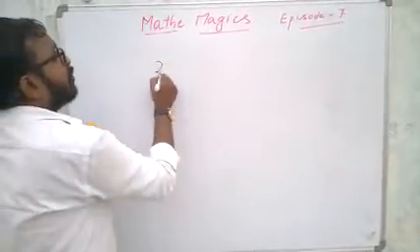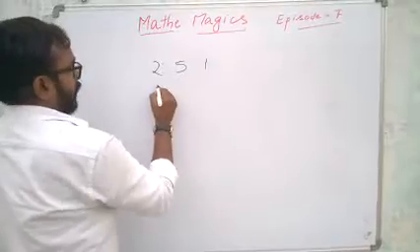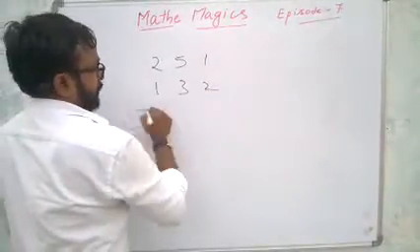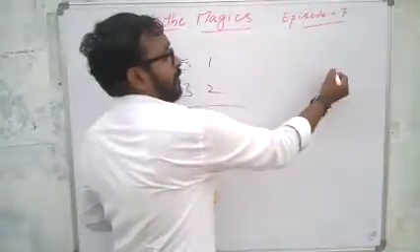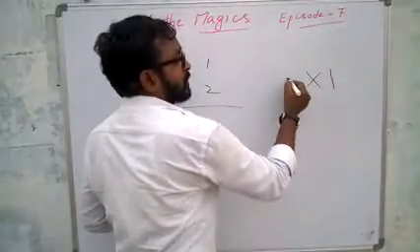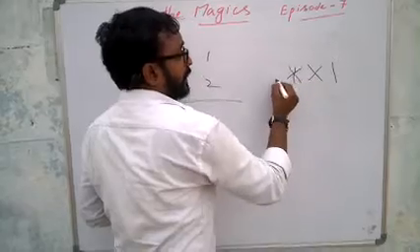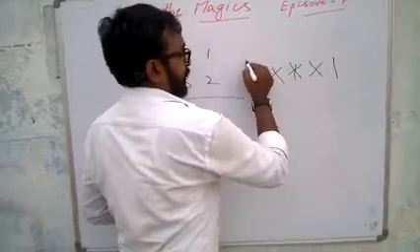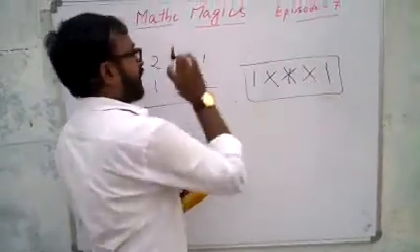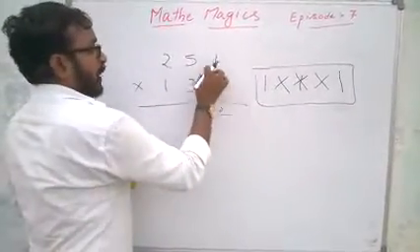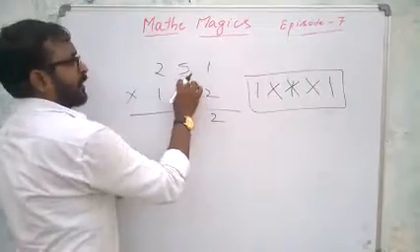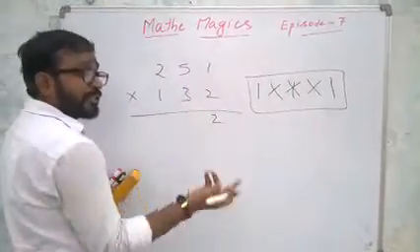Now we go for 3 digits. For example, 251 into 132. If you want to multiply these two numbers, what do we have to use? Vertical, cross vertical, and cross vertical. Till three numbers, we should go up to 3 lines. 2 times 1 is 2. Now these two: 1 times 3 is 3, 5 times 2 is 10, totally 13.